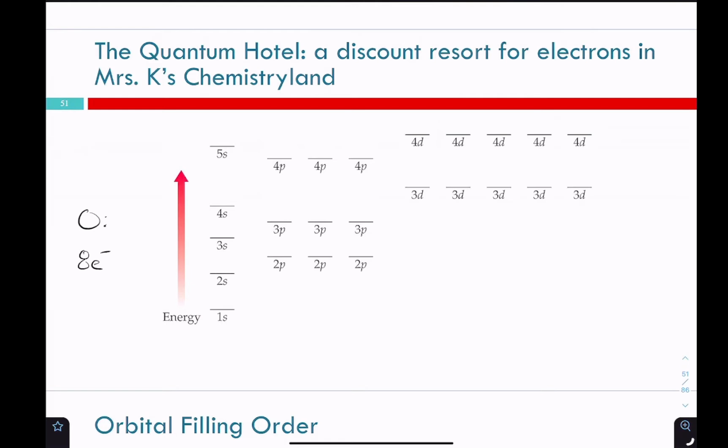So we put 2 people in the 1s. And then we still have more people, so we put 2 people into the 2s room. Again, they're cheap. They'd rather share a bed than buy their own room. So that's 4. And now we have 4 people left, and the cheapest room is the 2p.